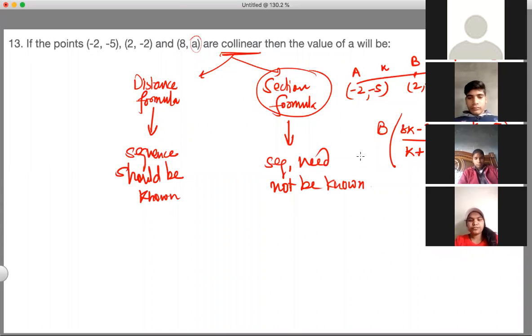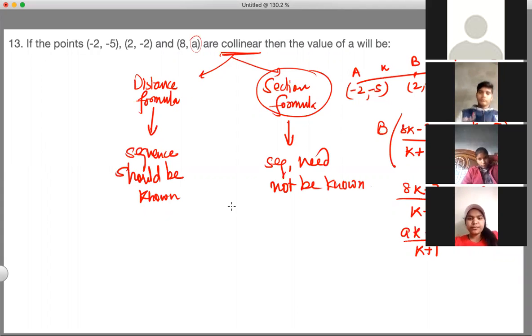राइट। अब हम क्या करेंगे, इनको इक्वेट कर लेंगे। तो (8k - 2)/(k+1) is equal to 2 and (ak - 5)/(k+1) is equal to -2, right? ठीक है, अब क्या करेंगे, (ak - 5)/(k+1) वाले इक्वेशन को सॉल्व कर देंगे। ठीक है, अब हमें इनको सॉल्व करके a की वैल्यू निकालनी है, राइट। तो what we can do is use the substitution method, maybe that would be the easiest, I suppose.